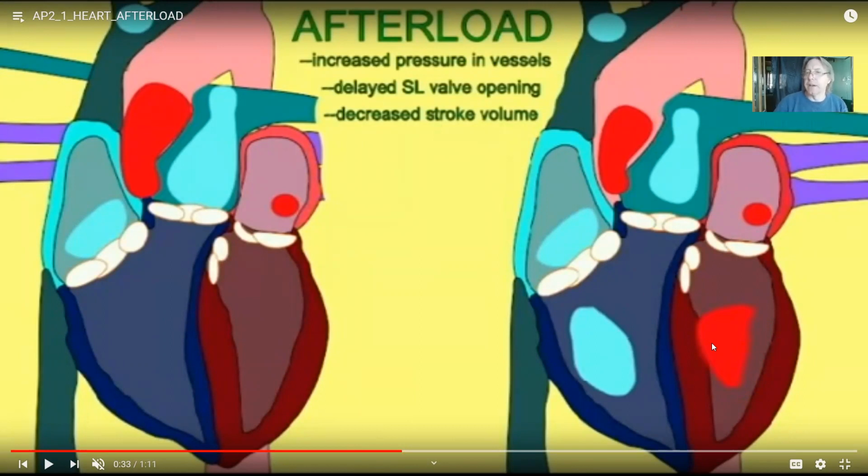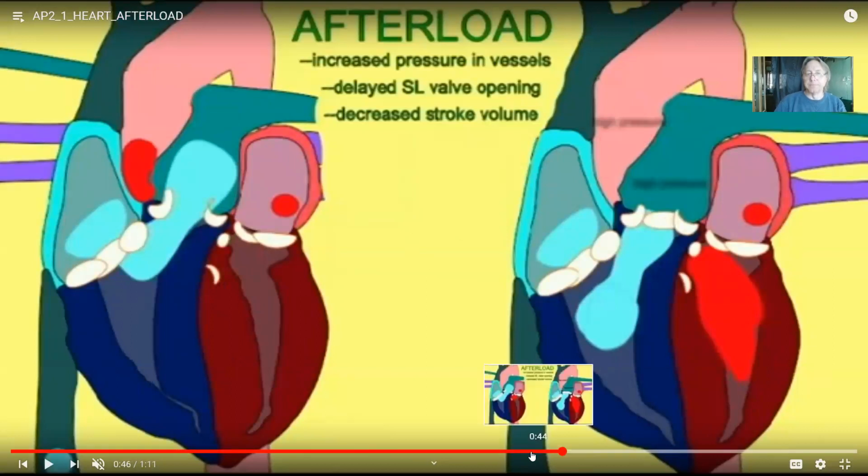The semilunar valves opened a split second later and closed a split second earlier. And because of that less time, they have more blood left over afterwards, which is called their afterload. So this person has a higher afterload because of their high blood pressure.